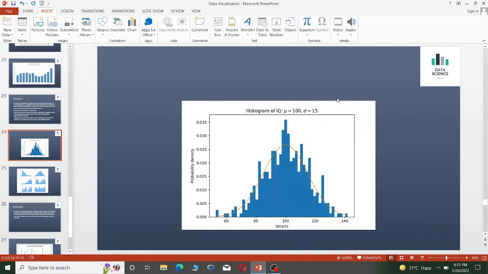So this is how a histogram looks. Here we have two continuous quant variables, and we are plotting its distribution.